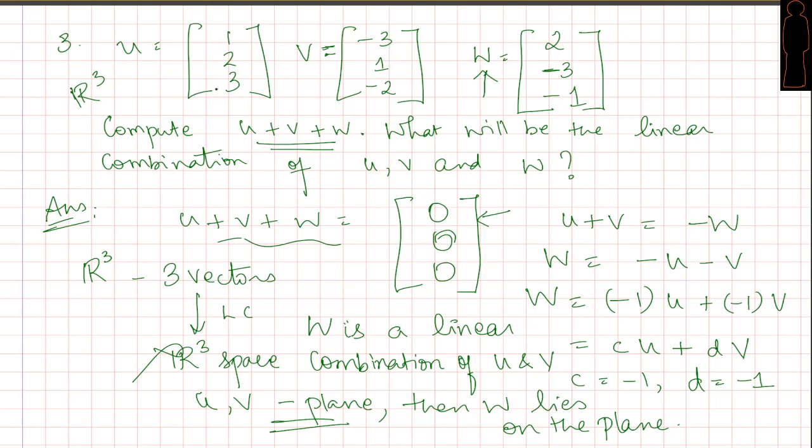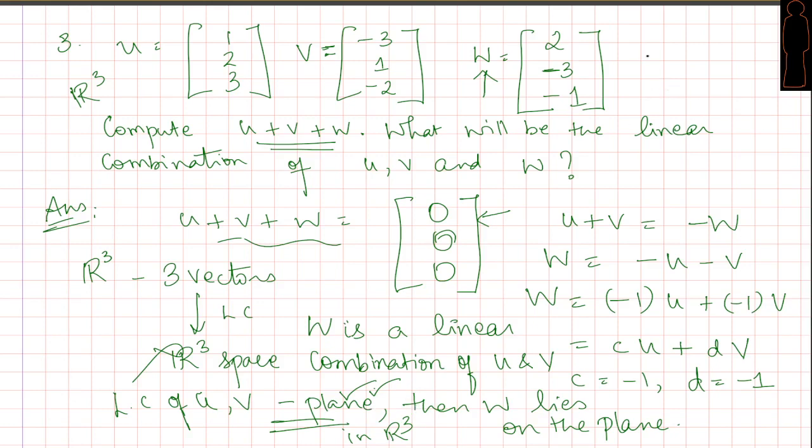And we find that that is not the case. I can't take a multiple of u and produce a v, and therefore u is not a linear combination of v, or v is not a linear combination of u, and therefore the linear combination of u and v will describe a plane in R3. And the linear combination of u, v and w will describe the same plane in R3. There won't be any other change.